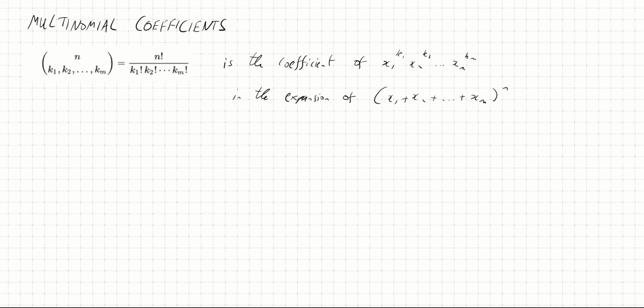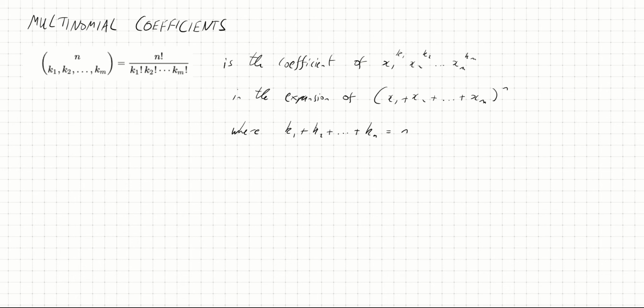And this follows where k1 plus k2 plus all the way up to km is equal to n. So this is basically an expansion of the binomial coefficients that you'd have when you were squaring some brackets.